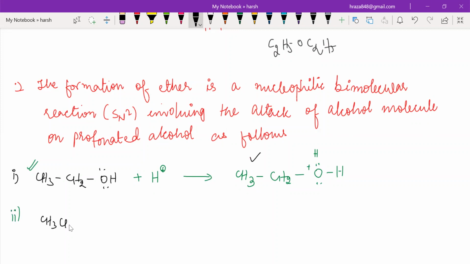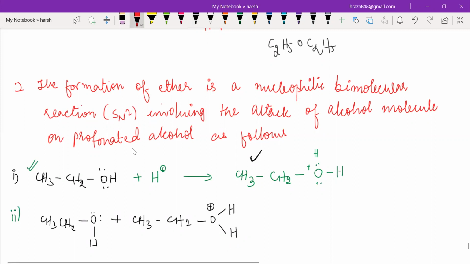This is protonated alcohol, CH3CH2OH2+, and this is basically alcohol, ethanol, and we are going to react this with the protonated alcohol, and it will be like this, with H and O, and a positive charge on O. Can you tell me, is a positive charge on oxygen less stable or more stable?